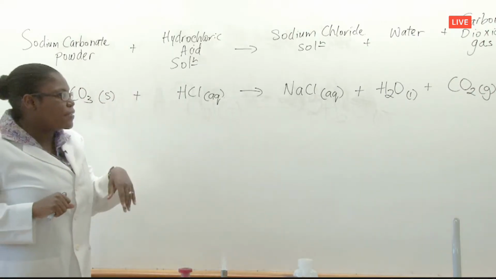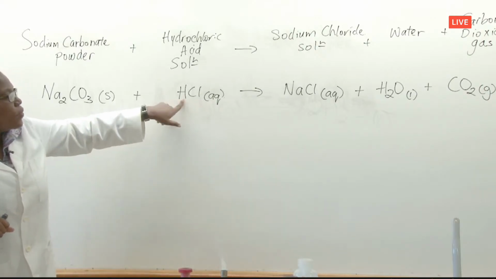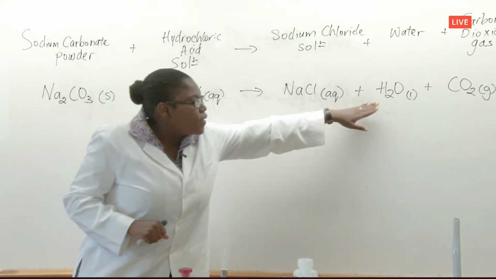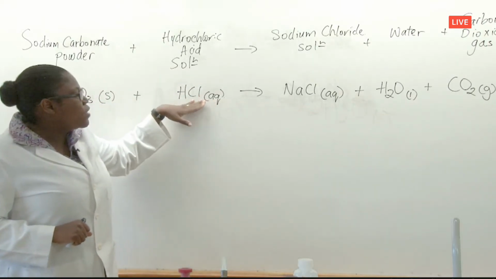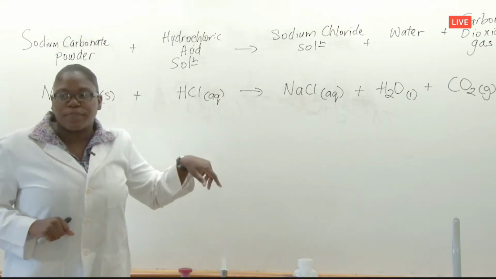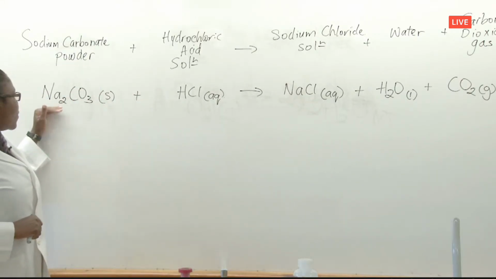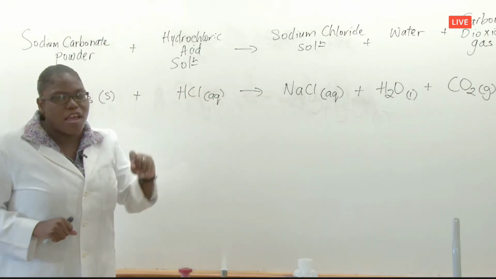So the oxygens are balanced. The hydrogens, we have 1 hydrogen here, but we have 2 here. Hydrogens are not balanced. And the chlorine, we have 1 chlorine here, and we have 1 chlorine here. So right now, our sodium is not balanced, and our hydrogens are not balanced.